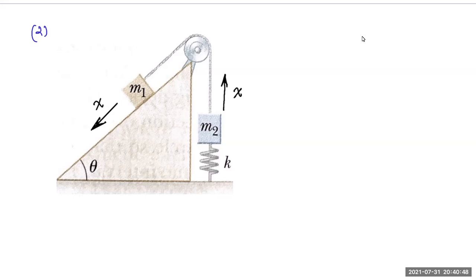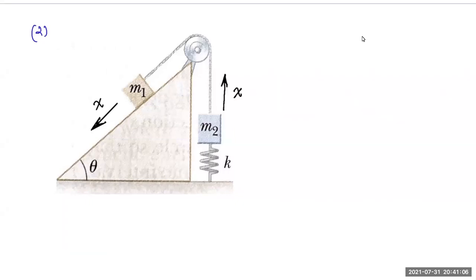Okay. The question is, if I let go of it, then M1 and M2 both will start to move, right? Assuming that M1 is heavy enough that M1 is going to go down the slope while M2 is going to go up, once you let go from rest.